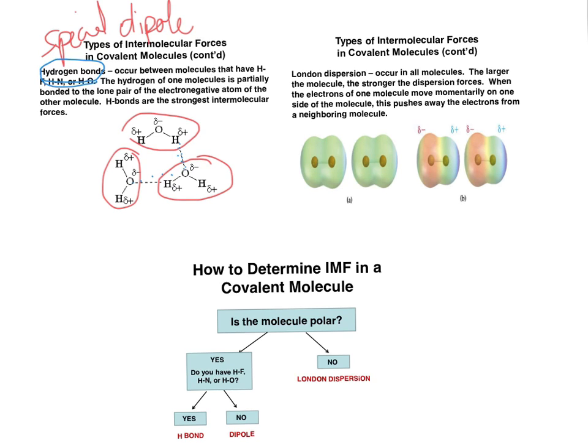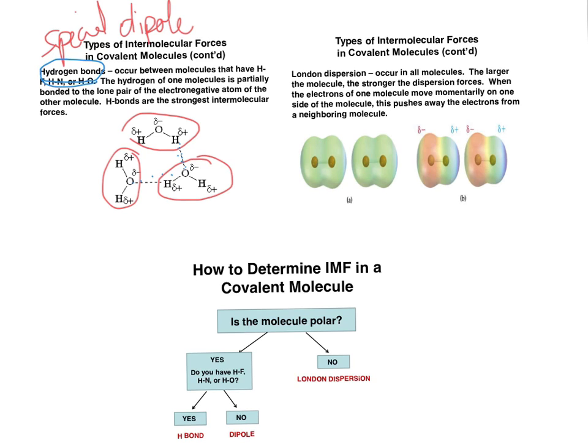All right, next type is London dispersion. London, that's a name, by the way, not the city, but the name of a person. Dispersion talks about the dispersion of electrons, or the movement of electrons. The idea is these occur in all of the molecules. Every single molecule has London dispersion forces. However, they are not significant unless it's a nonpolar molecule.